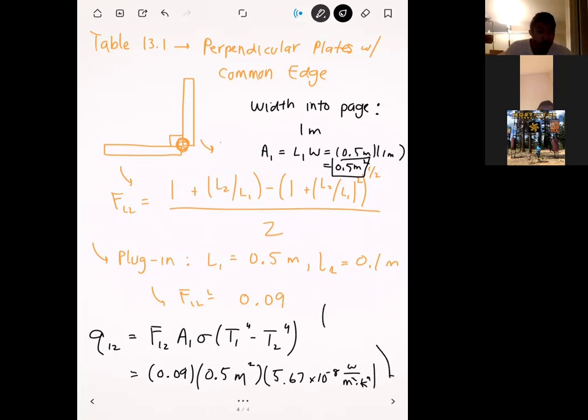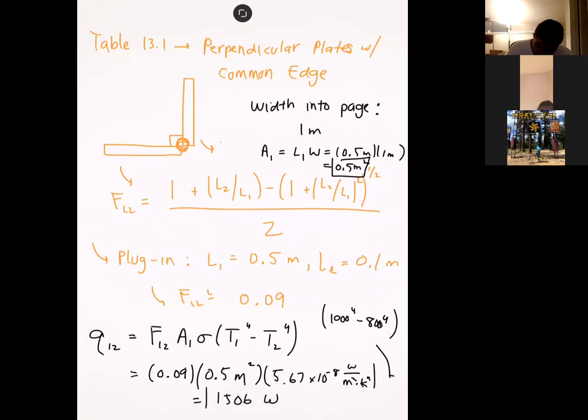And then to this, we're going to multiply the temperatures. And so T1 here is 1,000 Kelvin raised to the 4th power. And then we're going to subtract T2, which is 800 Kelvin raised to the 4th power. And so we plug all that in, and then we do the arithmetic, and we end up with 1506 watts.